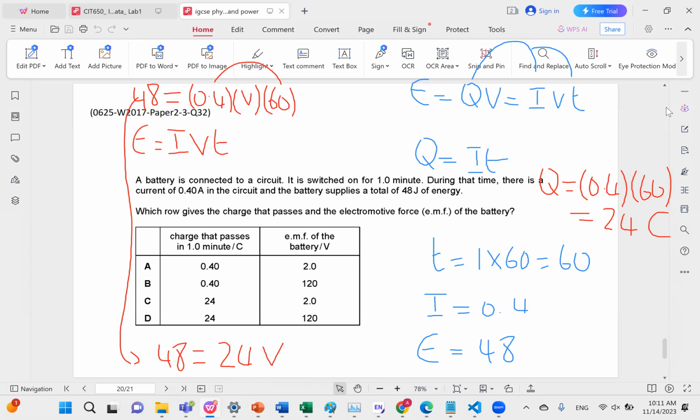Now 48 equals 24V. I can just divide both sides by 24 to cancel it out. And then I just get V equals 2. So the correct answer here would be the choice that has V equals 2 and Q equals 24. And this corresponds to choice C. So this is what we're going with.